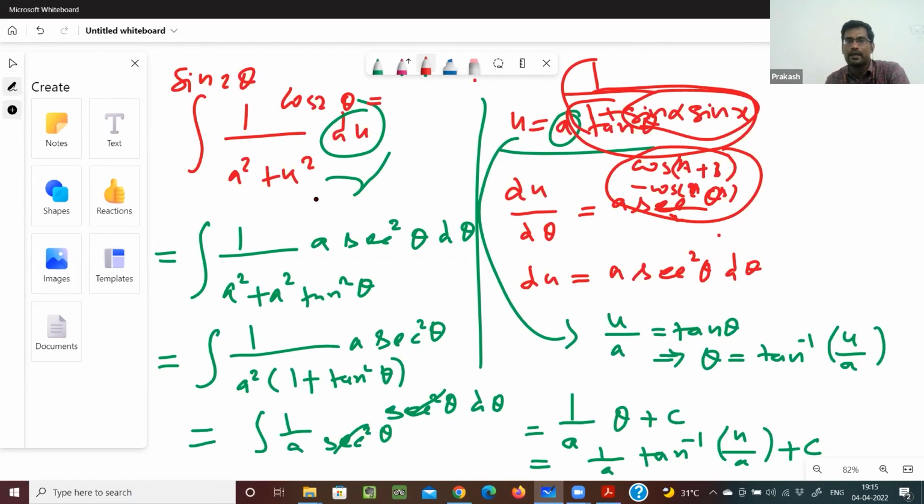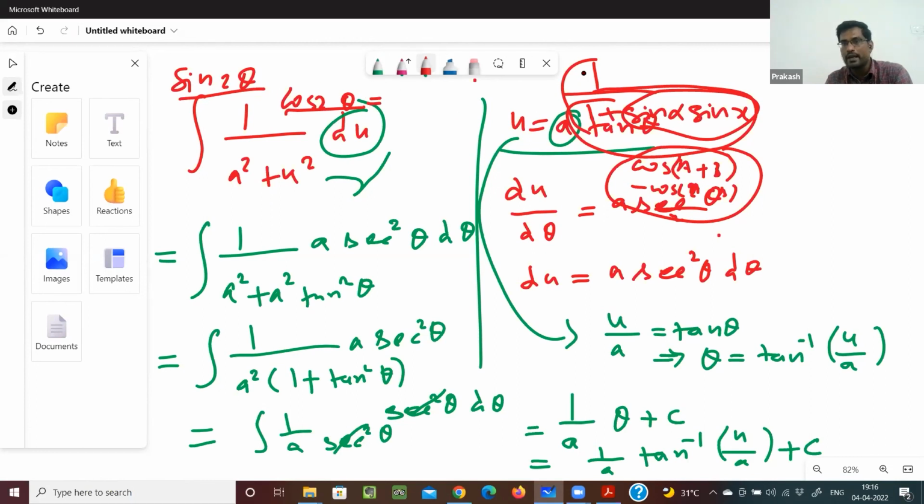Once you use the correct identity, we can easily substitute the limit. Limit is not a problem. Only here, what identity do we need to use? You need to check the cos 2 theta formula and sin 2 theta formula also. Here I mentioned some basic formula: cos 2 theta we can write as cos square theta minus sin square theta.